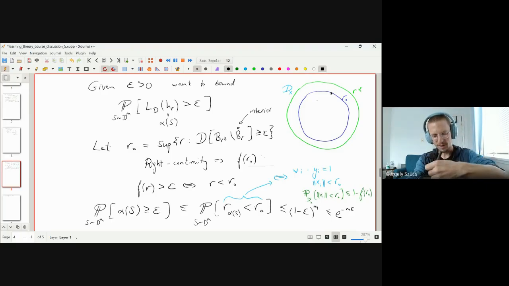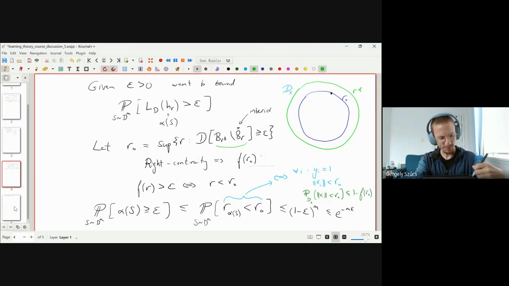So one has to be a bit careful. But I think this method of looking at the mass of the closed ball minus the open ball actually works well. But yeah, it's a little tricky to do this precisely.